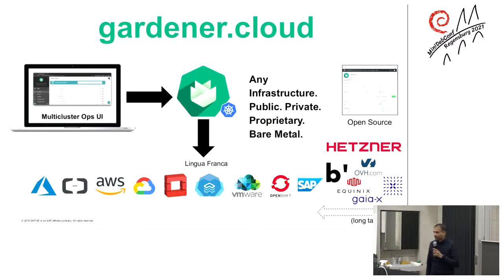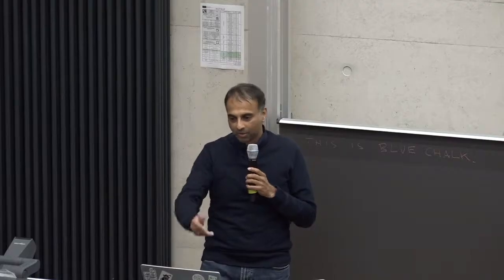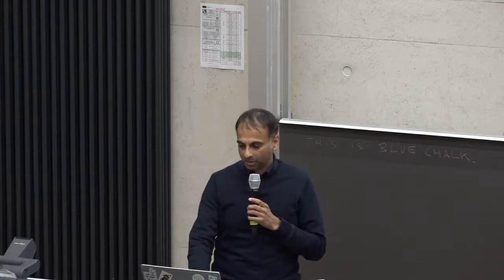If you go to gardener.cloud, the homepage, what you get is the management tool. You get a multi-cluster operational UI, and then you can go ahead and create Kubernetes clusters on any type of infrastructure. You see all the logos here, and we've got a long tail of community members who contribute extensions to our project.